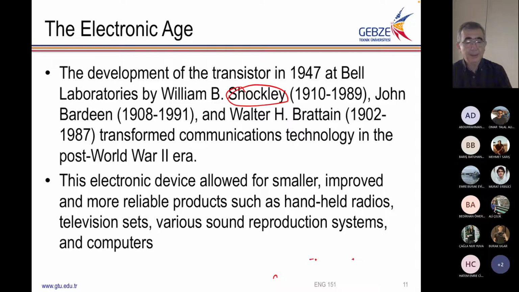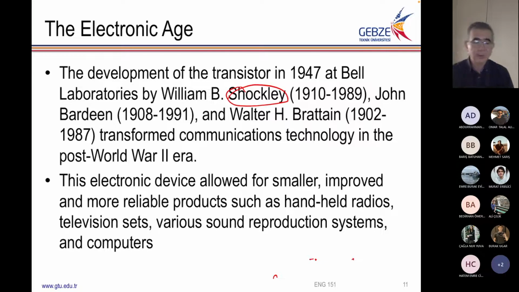Shockley, Bardeen, and Brattain. Nobody remembers the second and third names. People know Shockley. That was first designed for communication as an alternative to tubes that we have seen last week. But it was a very big step in the development of technology.